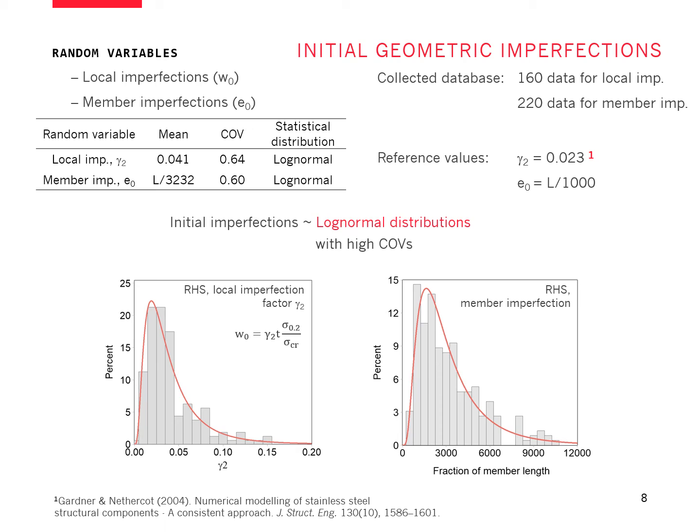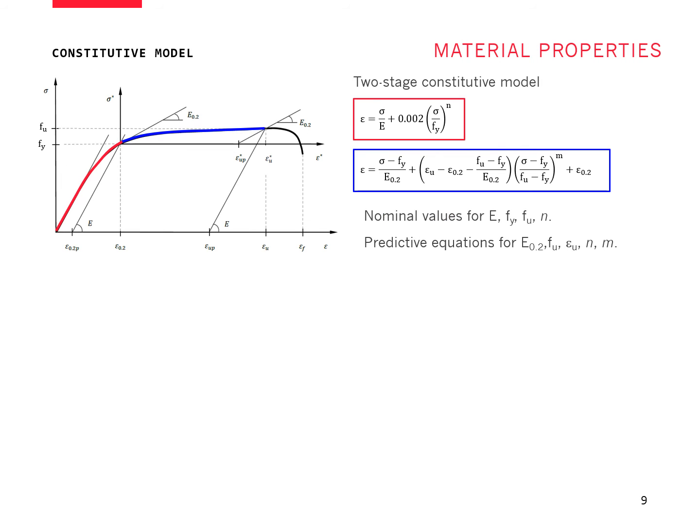For local imperfections, the mean value of the gamma 2 factor was found to be close to the reference value, while the mean member imperfection was close to L over 3000, which is significantly lower than the L over 1000 reference value. The third fundamental source of uncertainty is the material.